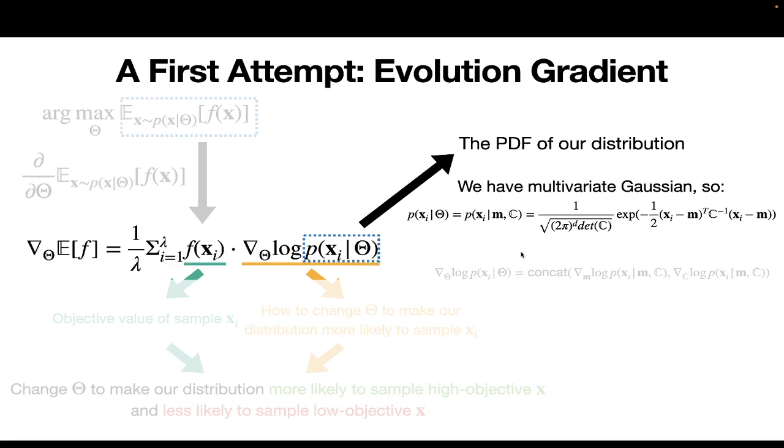Because in the case of a multivariate Gaussian, the distribution parameters theta consist of the mean vector m and the covariance matrix C, we derive this expression analytically with respect to the mean vector and the covariance matrix each, and then we flatten each of those gradients and concatenate them to give us the long vector that will be our overall gradient. You don't have to actually understand any of this. It's just to give you a more concrete example of how this gradient will be derived analytically when you actually implement this algorithm.